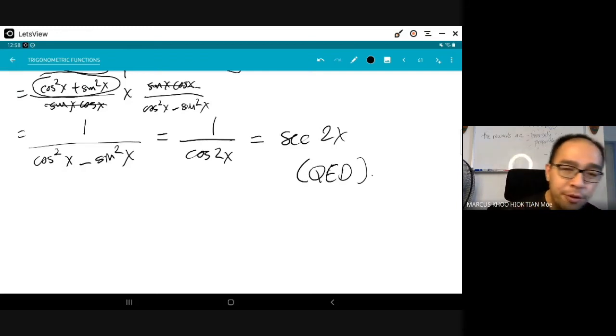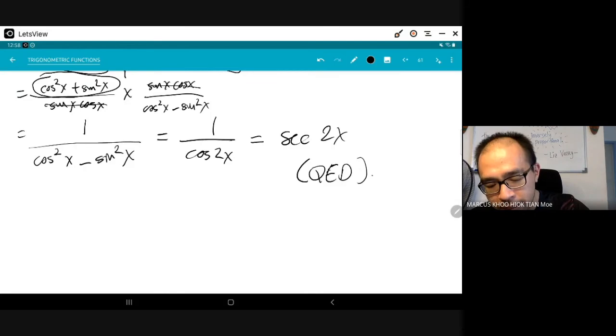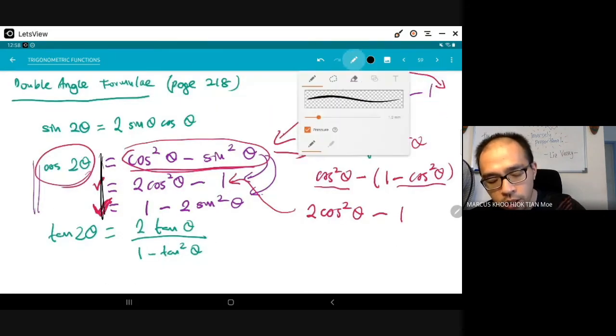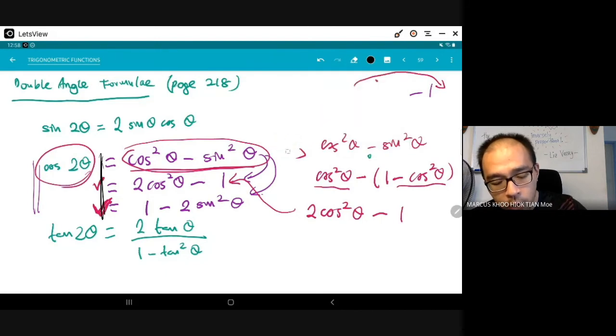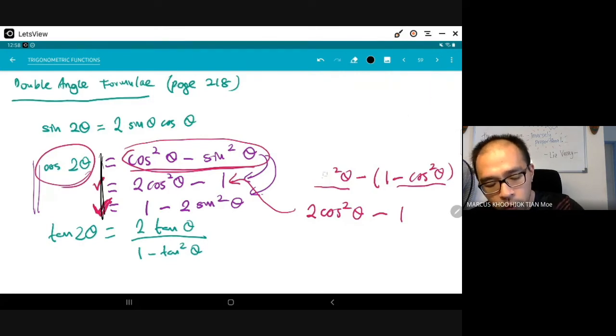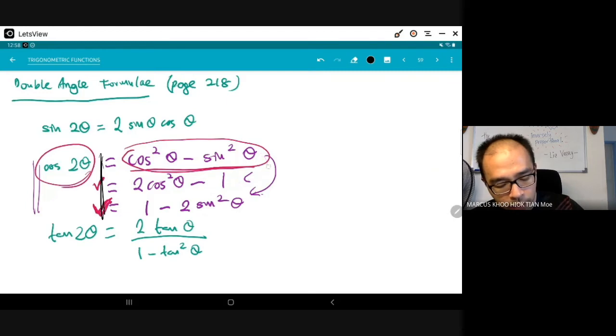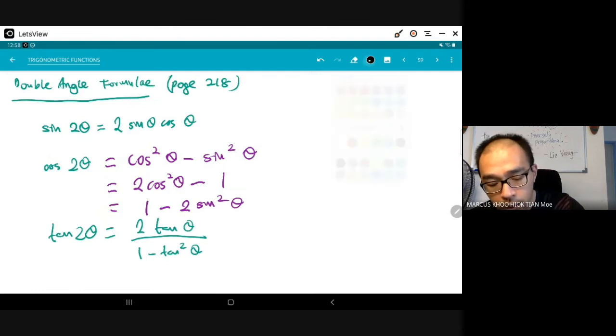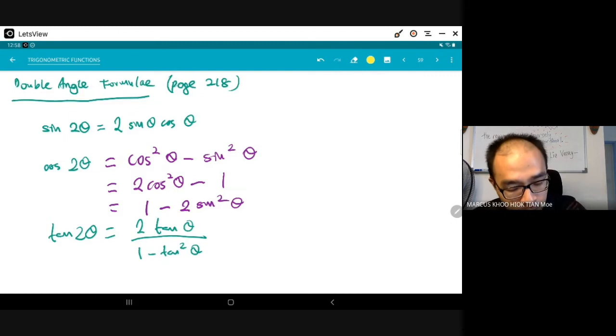Before we go on to the next one, I need to talk about this. Since we are talking about the double angle formula, I also should talk to you about the half angle formula. If you notice, when we introduce the double angle formula, all the other angles on the other side of the formula become half.